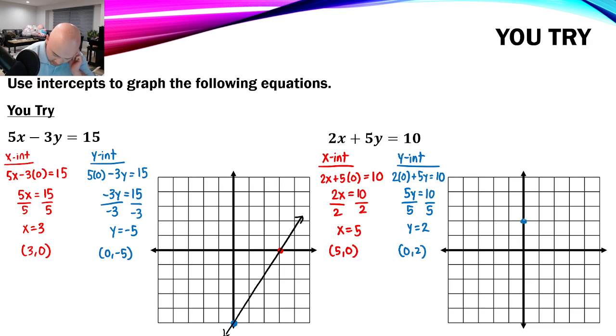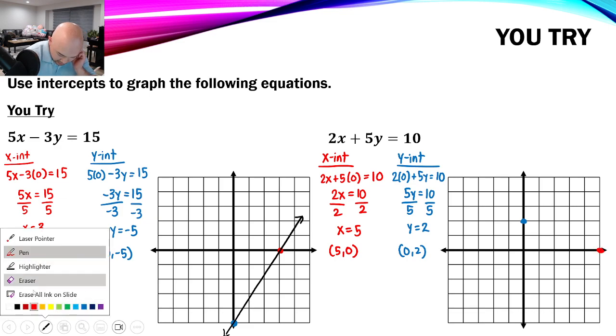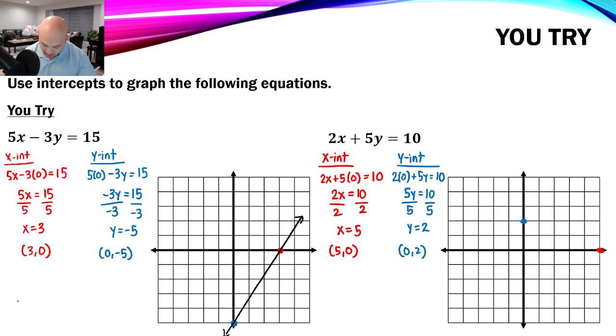So here's 0, 2, and here is 5, 0. Once we have those 2 points, let's grab our ruler and connect those together. And it'll give me that line right there. And that's it. So hopefully you guys got the same answers during the U-tries.